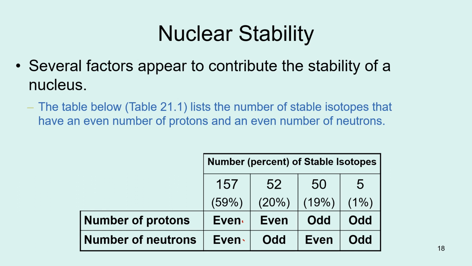About 20% have an even number of protons and an odd number of neutrons. A little less than that, about 19%, have an odd number of protons and an even number of neutrons, and then only about 1% of all the isotopes have both odd protons and neutrons. So that doesn't really tell us everything, but there are some that are more stable than others.